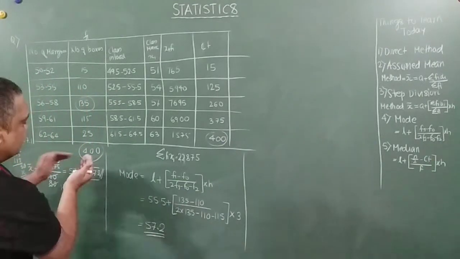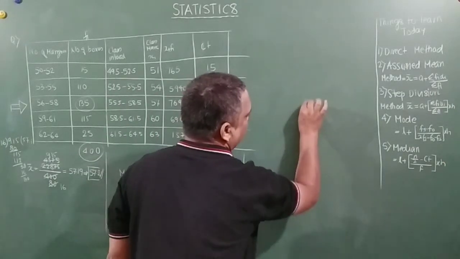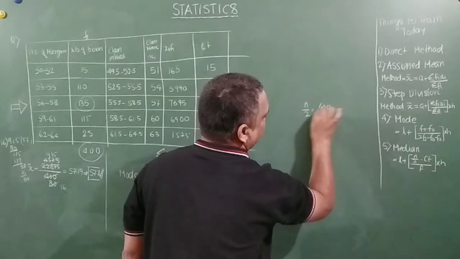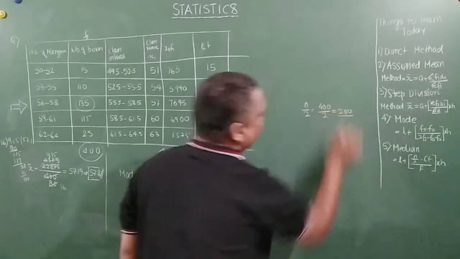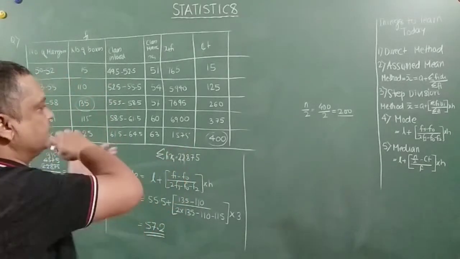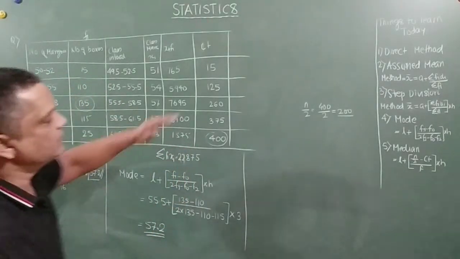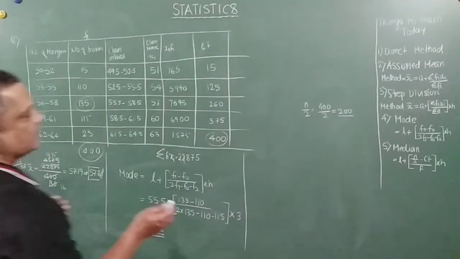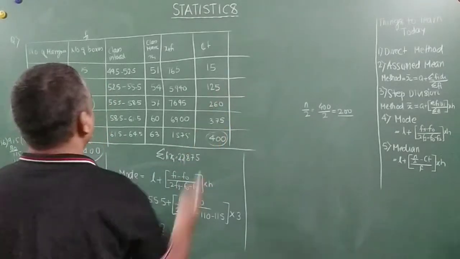Now this is n by 2. Let us understand n by 2. N by 2 is equal to how much, friends? 400 divided by 2, that is equal to 200. Now we have to identify the class in which this 200 will actually lie, right? So 200 is somewhere in between this and this, right, friends?